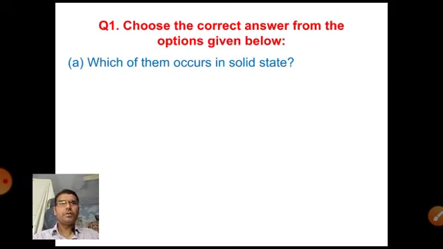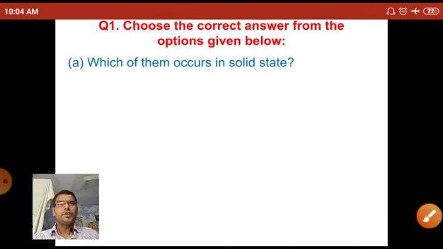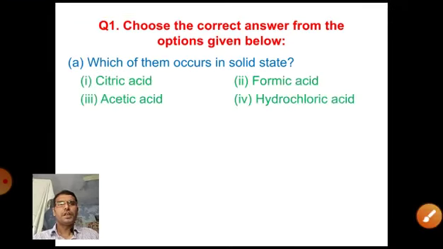Now, question number 1. Choose the correct answer from the options given below. Which of them occurs in solid state? Here there are 4 options, and in these 4 options one acid occurs in the solid state.